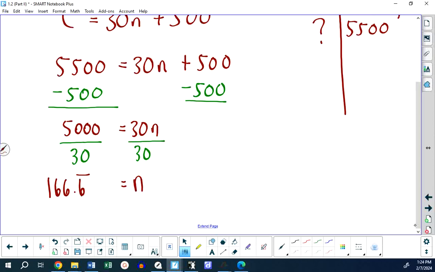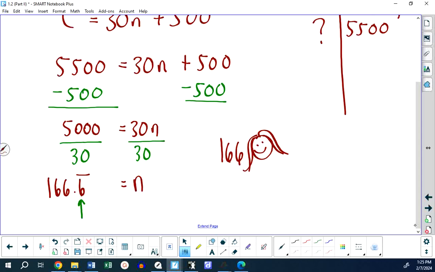I don't know that you've ever run into this before. You would be taught, well, you're going to round up because this number is 5 or more. But who can explain to me why it's actually 166 wedding guests, not 167? Because if you rounded up, you would have to pay more because that's an extra person. Right. That's mathematically the number that takes you to 5,500.